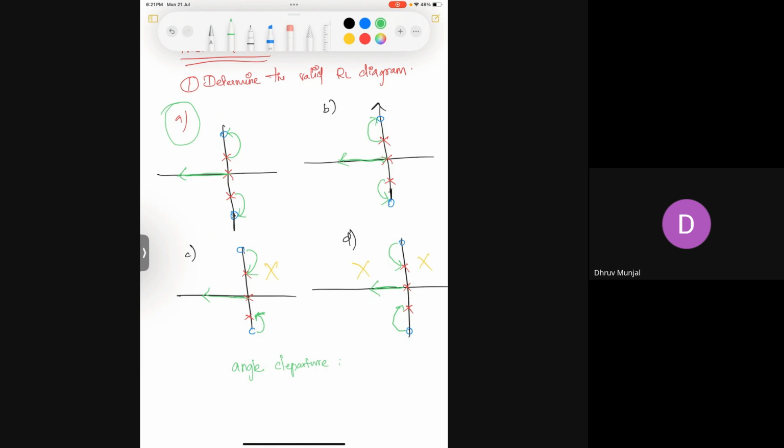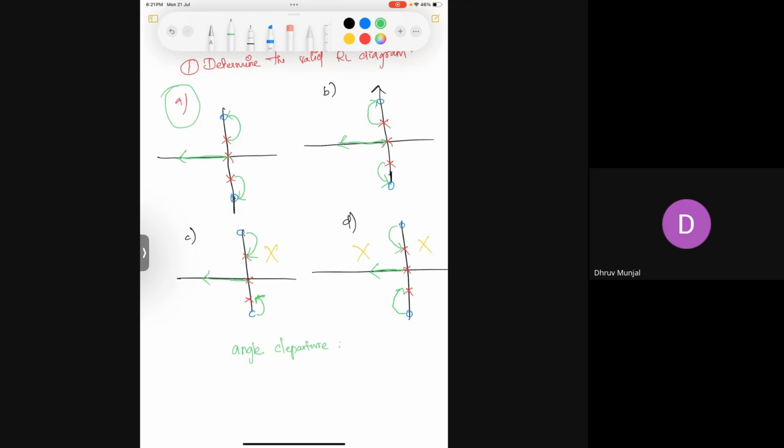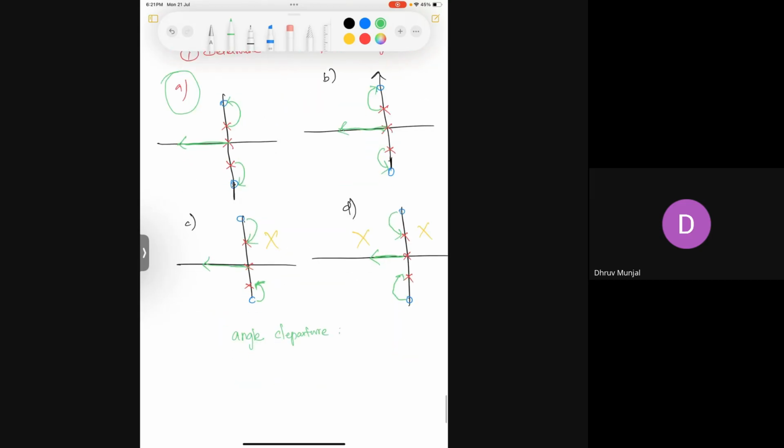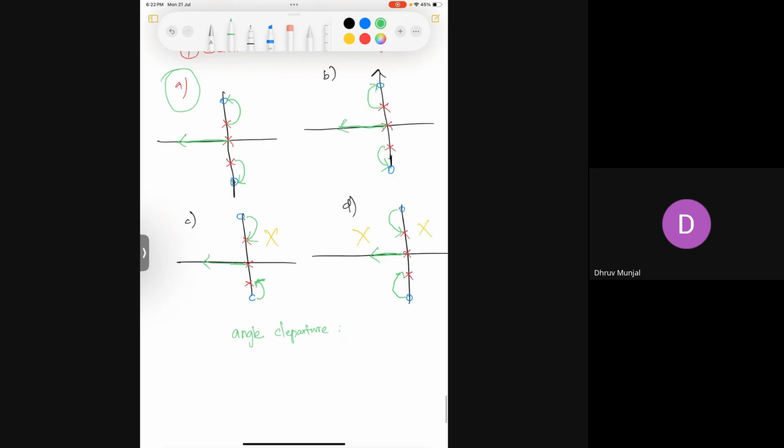If you know the location of poles and zeros, we can easily calculate this. I will give that in steps. Based on that, if you find the angle of departure, you will see theta 1 is the correct angle that it takes, and theta 3 and theta 4 will be wrong.